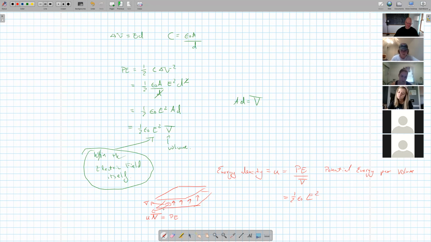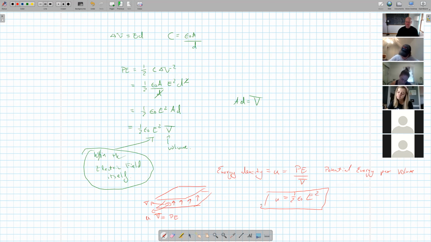It just means inside of this little tiny volume, this is how much energy I have stored. Okay, that's what u is. So this is what's called energy density, so little u.